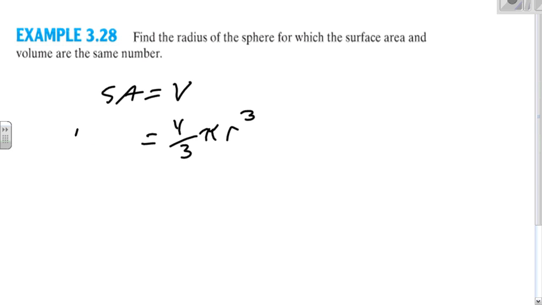Surface area is 4 pi r squared. We're trying to solve for the radius. So when you divide both sides by pi, pi cancels out. When we divide both sides by 4, the 4's cancel.